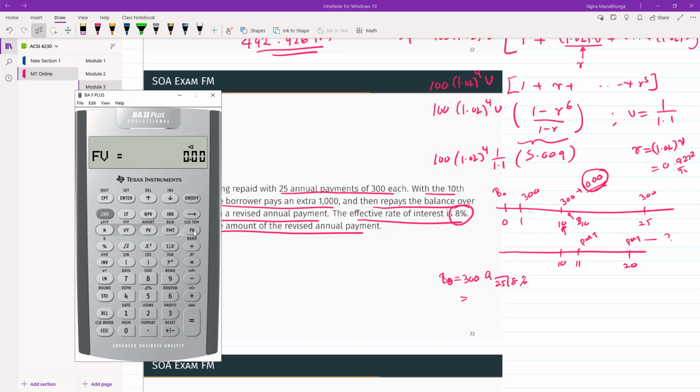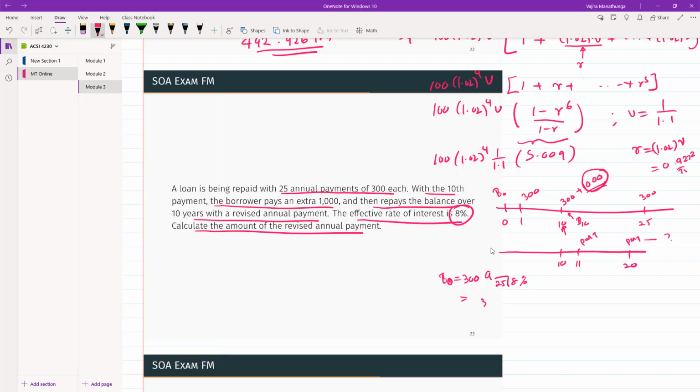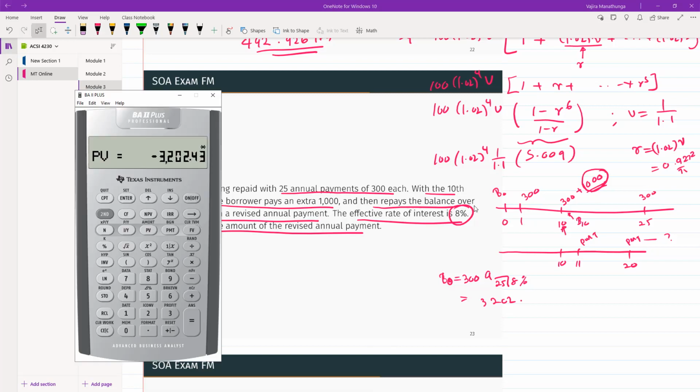And 8% for rate. And we want to compute present value. So it's 3,202.43.